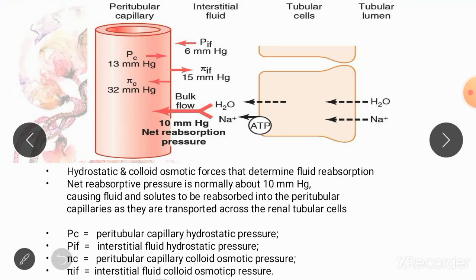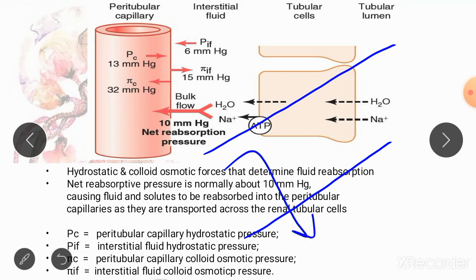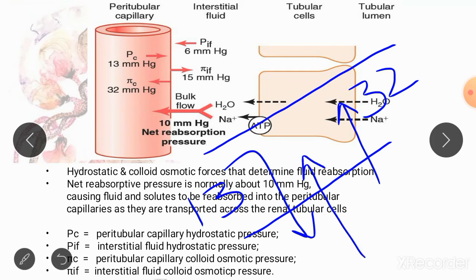So here let me again repeat that suppose this is your peritubular capillary, the hydrostatic pressure in your peritubular capillaries is around 13 millimeter mercury and it's an outward force. The osmotic pressure of the plasma proteins is 32 millimeter mercury and it is an inward force. Another inward force is the hydrostatic pressure of the interstitium, and it is around 6 millimeter mercury.